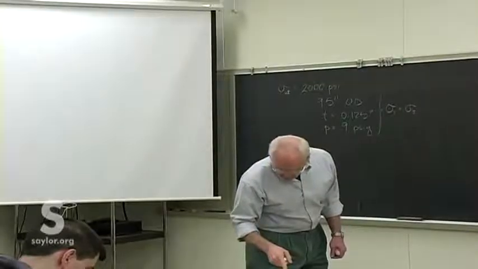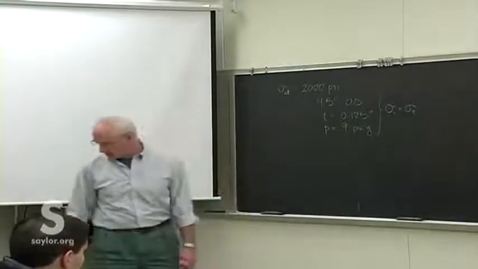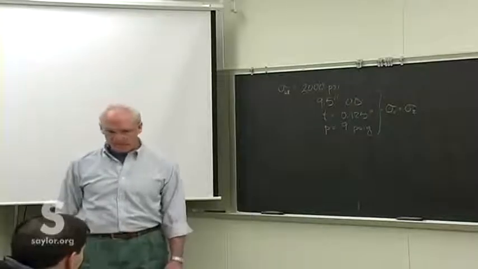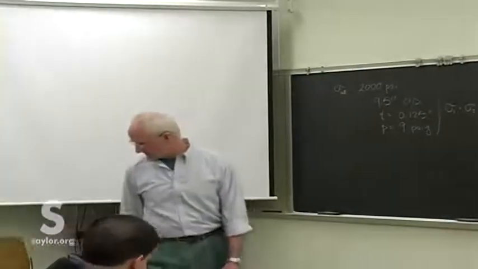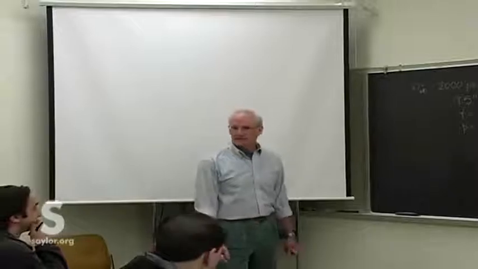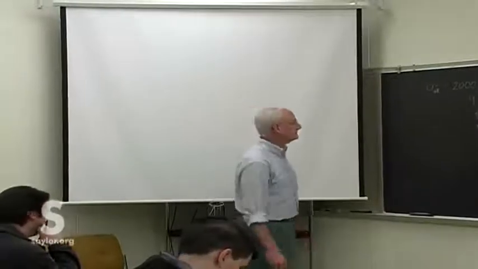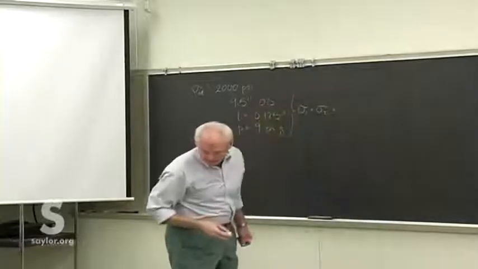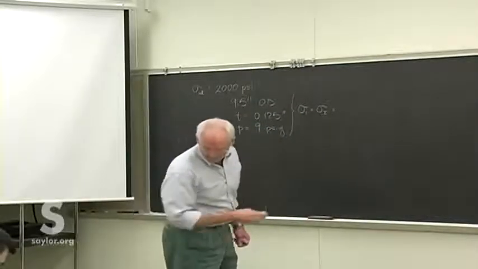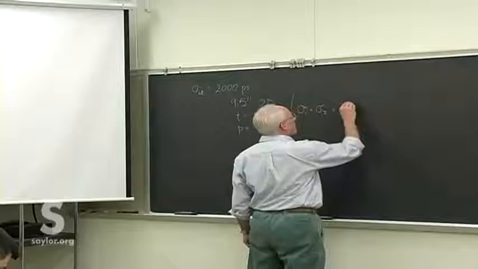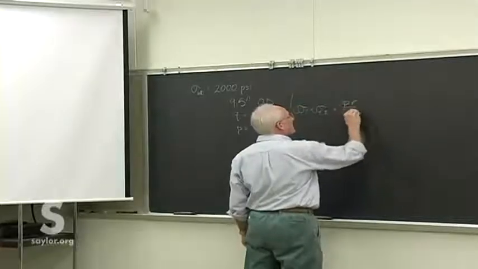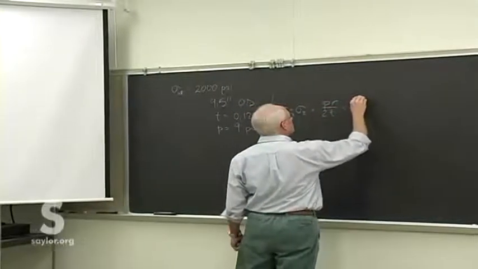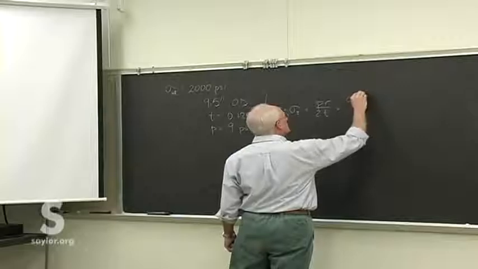And I notice everybody's getting the same number, about a factor of safety of 12, give or take a little bit. All the units work out okay. We're at 9 PSIG.